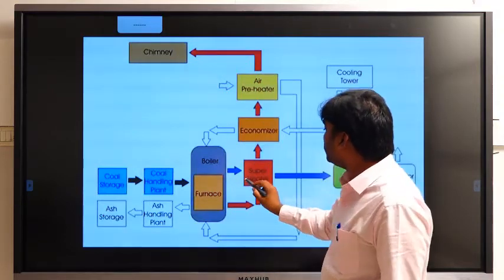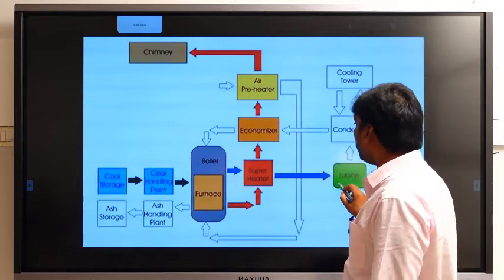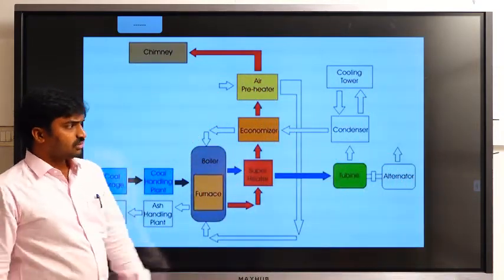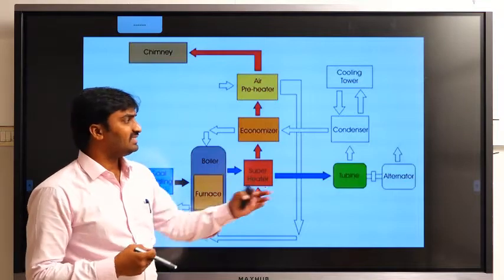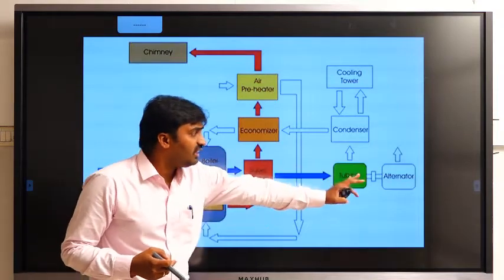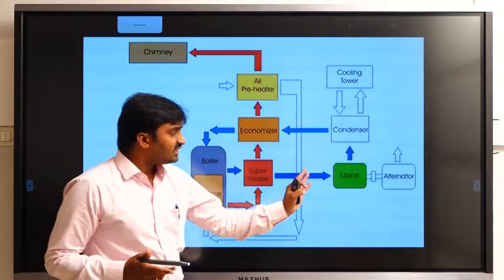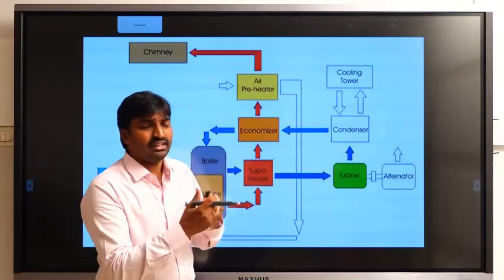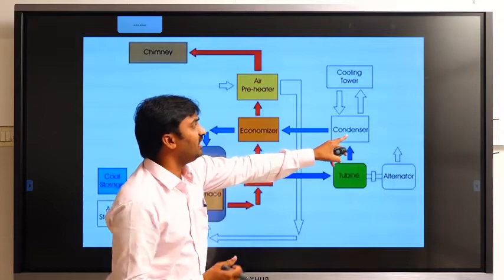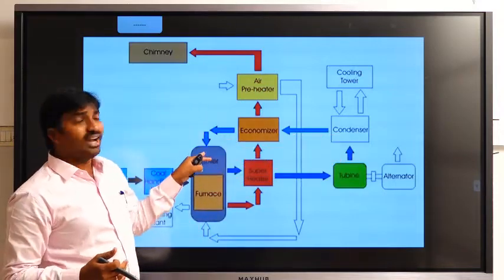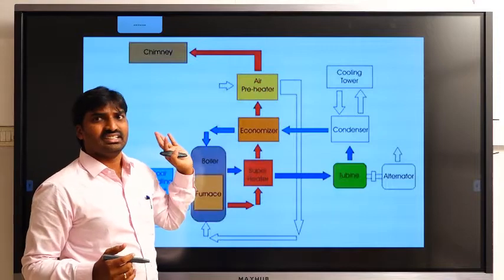And also here superheated steam is flowing through the turbine. So the turbine is rotating. That means it converts the kinetic energy into mechanical energy in this turbine. After that, in the turbine the steam is expanded, and the condensed expanded steam is returned back to the boiler through the economizer.